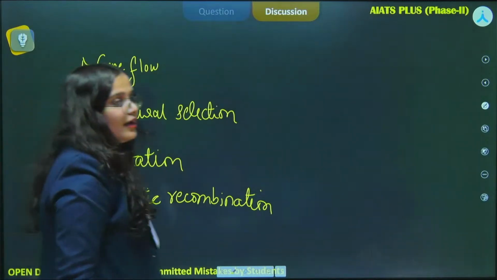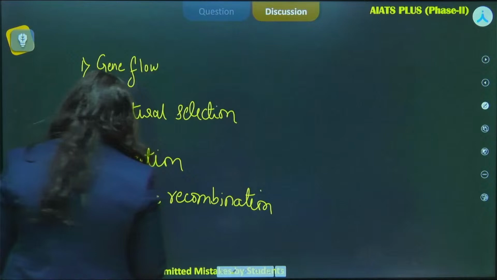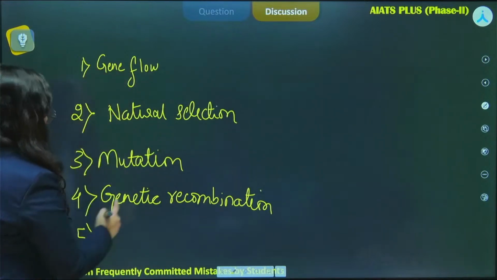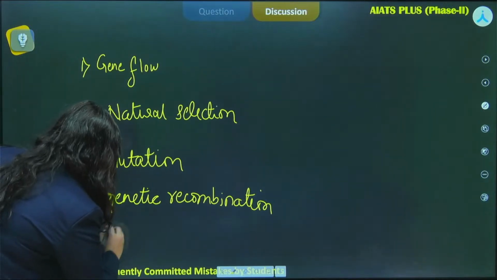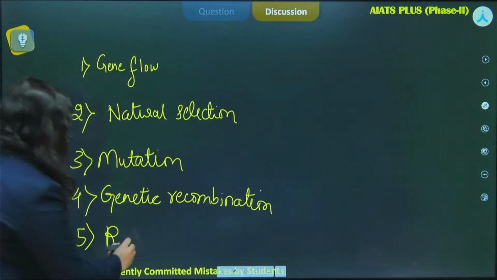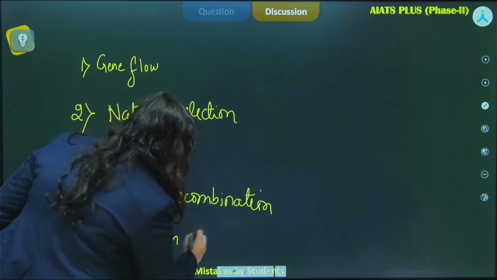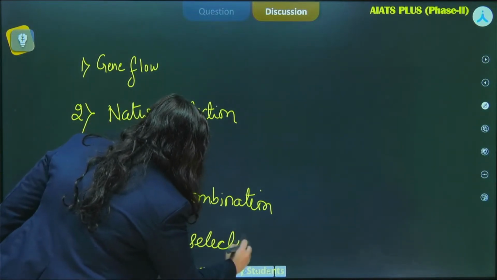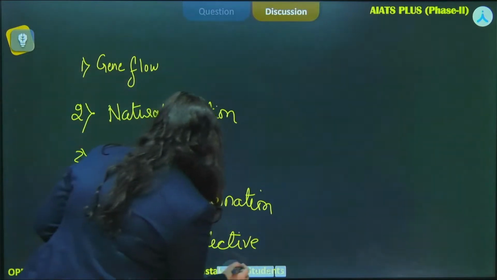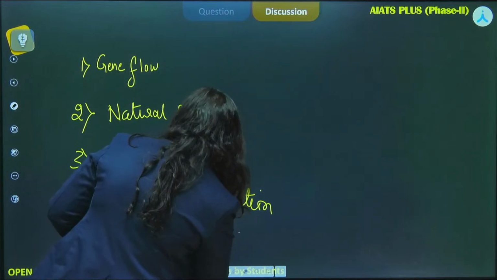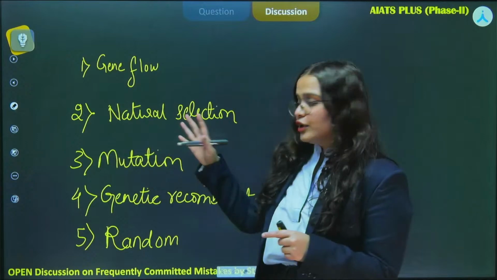Further we have another factor, which is selective mating. It is random mating which should be present. Random mating will favor this genetic equilibrium.